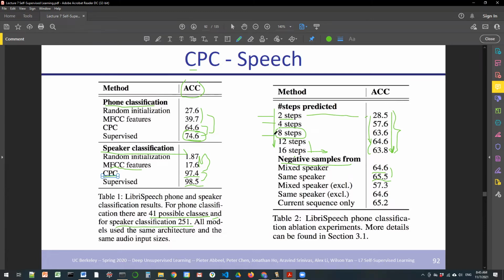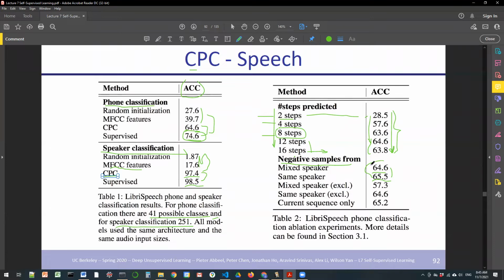So that's kind of what this top chart shows. And what the bottom chart shows, he didn't get into all the different details here. So what it seems to show is that when you're doing the phoneme task, if you use the same speaker, it's able to learn better than if you use multiple speakers.